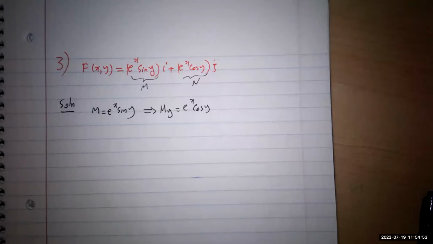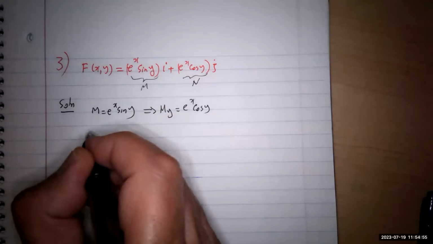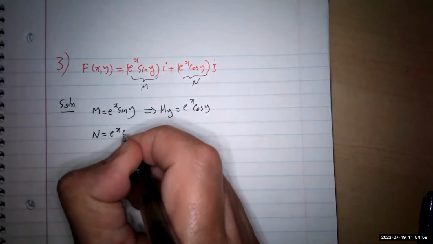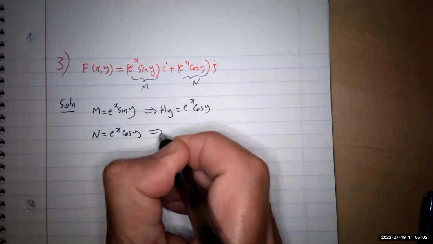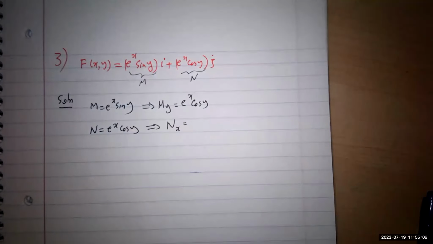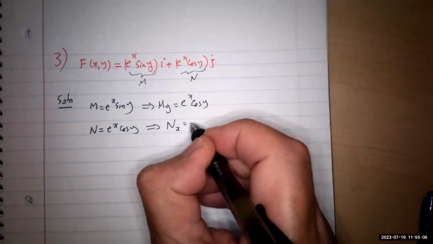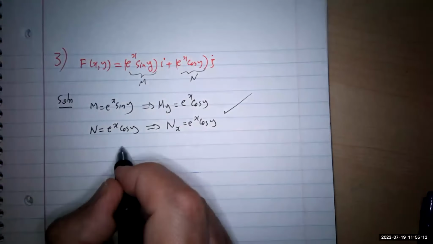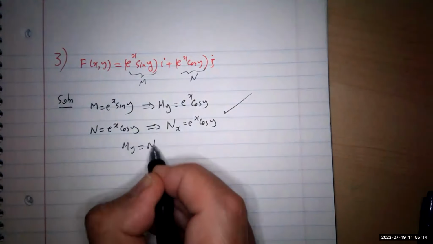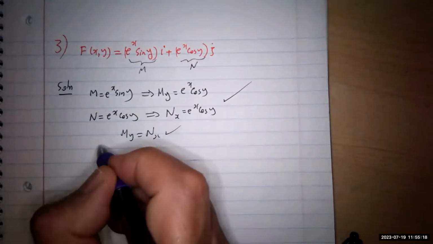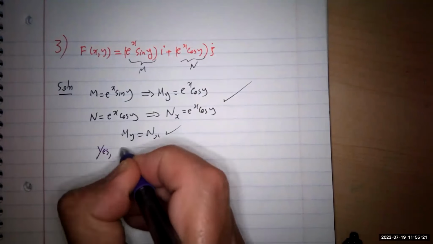The other one, N, is e to the x cosine y. You differentiate with respect to x, and the derivative of e to the x is just e to the x, so that gives you e to the x cosine y. They are equal to each other. So yes, F is conservative.